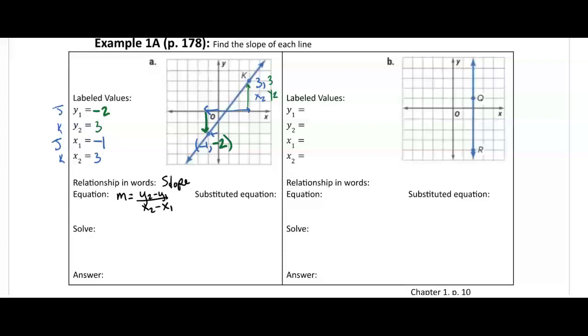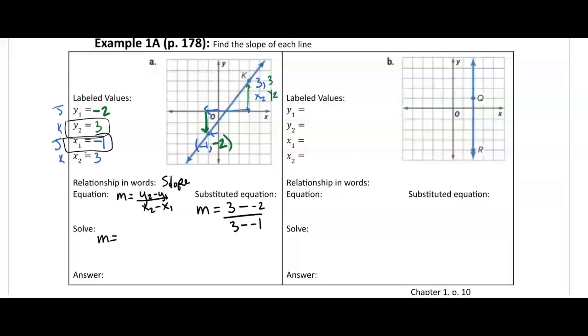Then substituting my labeled values into that equation, m, which I don't know, equals y2, which is 3, minus y1, which is negative 2, over x2, which is 3, minus x1, which is negative 1.